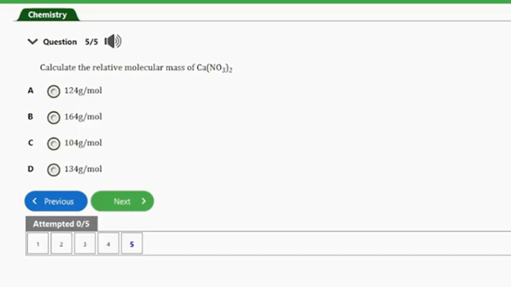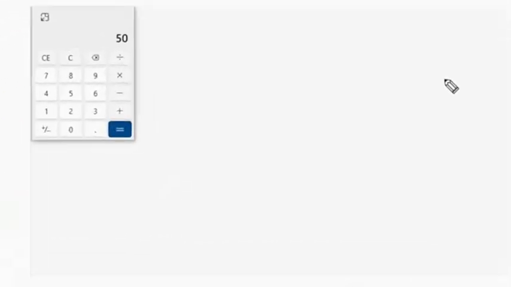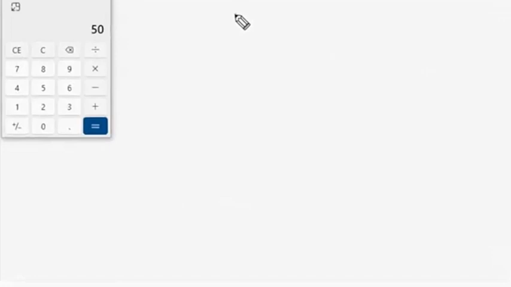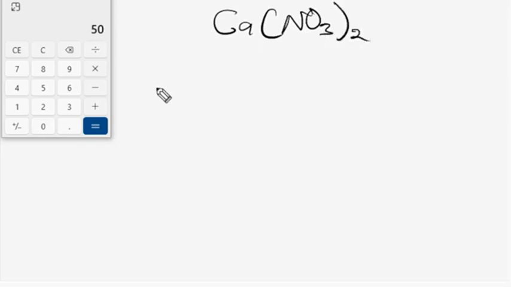Again, we're going to write this formula down. So let's simply zoom into our workspace. We're going to write the formula calcium trioxonitrate here.